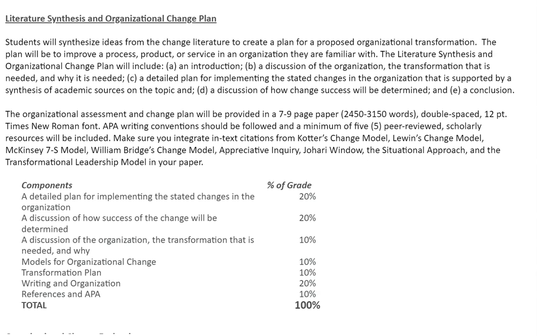Of course, here you could use keywords like Cotter's change model, Lewin's change model, Mackenzie's model, William Bridges' change model, appreciative inquiry, and of course, looking at the posts that you have done in the past in our discussions and your classmates. That's a good place for you to find resources or find the resources that your classmates have found too.